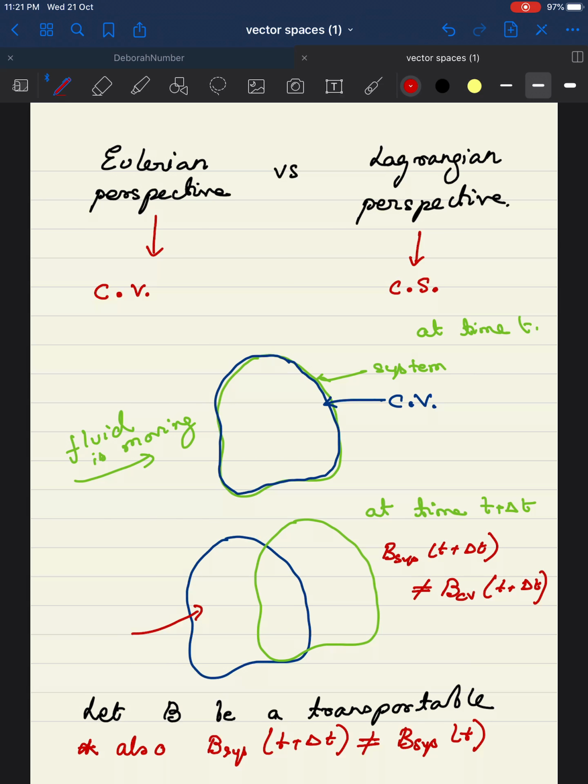Since they are not coincident, some new B might have entered my control volume at t plus delta t, and some B might have even left my control volume at t plus delta t.